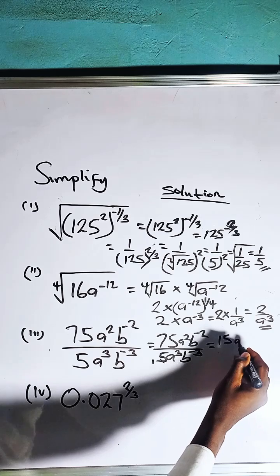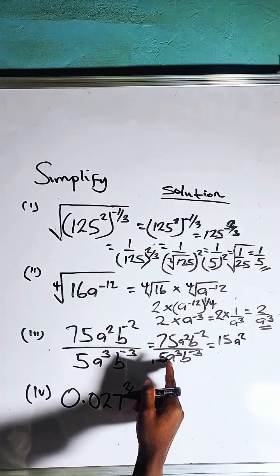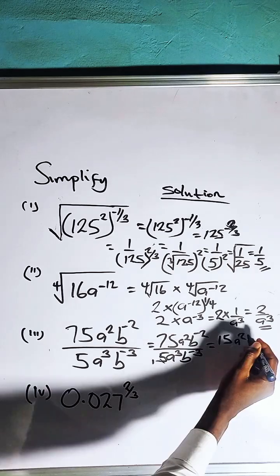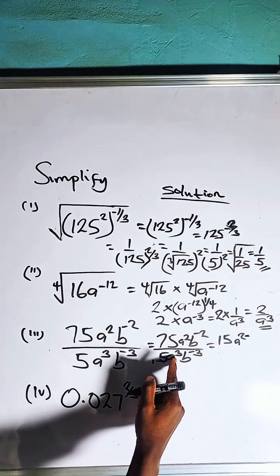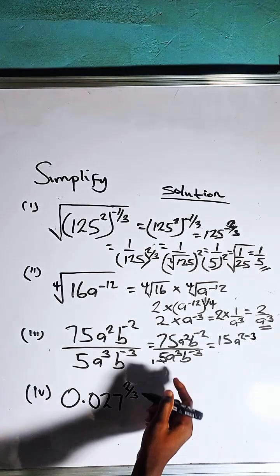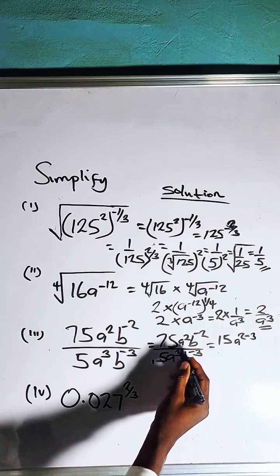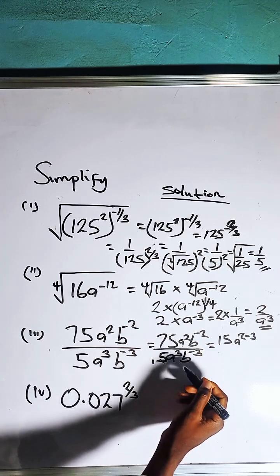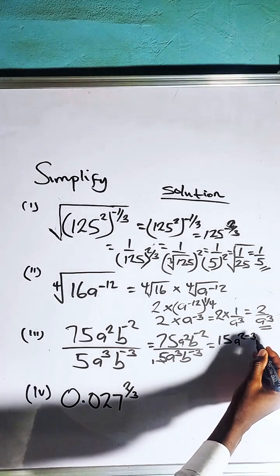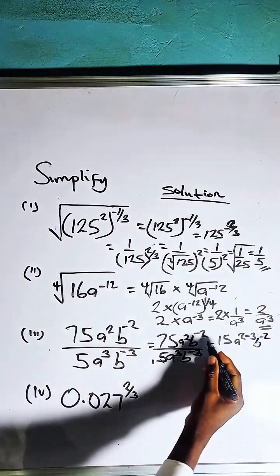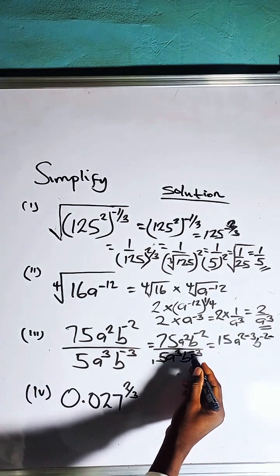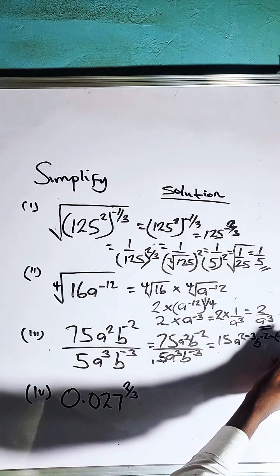Here we have a raised to the power 2 minus 3, since we are comparing the same terms using division, so we subtract. For b raised to the power minus 2, we subtract minus 3.